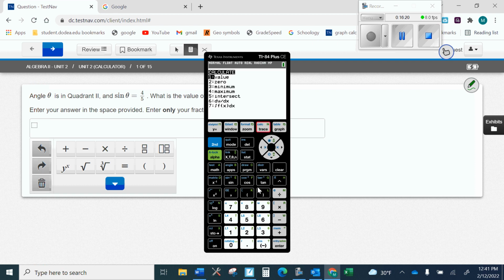Second calc, number 5. Intersect. First curve, second curve. Now the guess, the first time through, I can just hit it 3 times. It's going to take me to the closest answer of where they intersect. Notice that's -8. So -8 is one answer. Now I'm going to do second calc again, number 5.